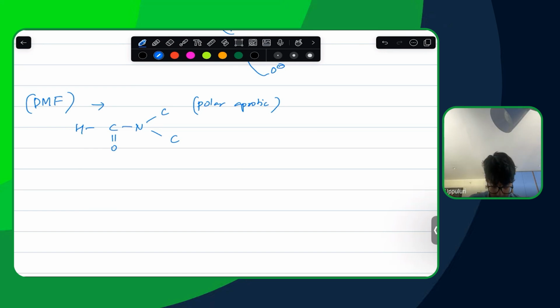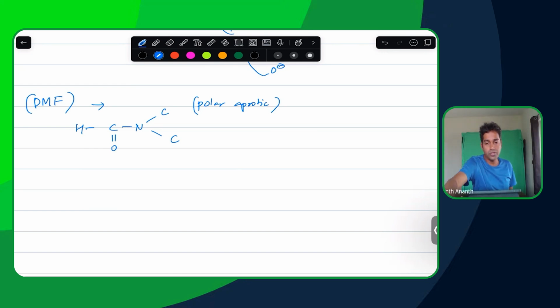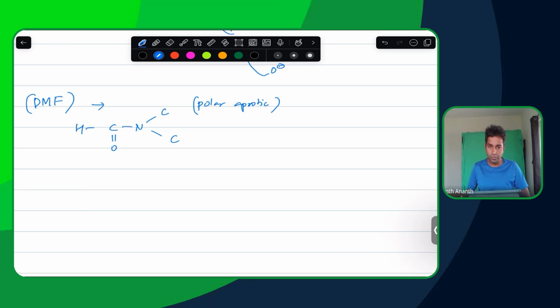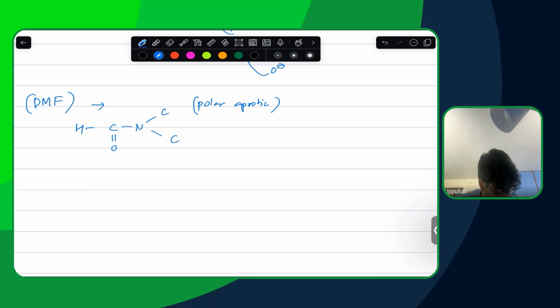Now apply the same logic in the second case there. The leaving group does not have a negative charge. Both my systems are having a positive charge, the reactant and the product.